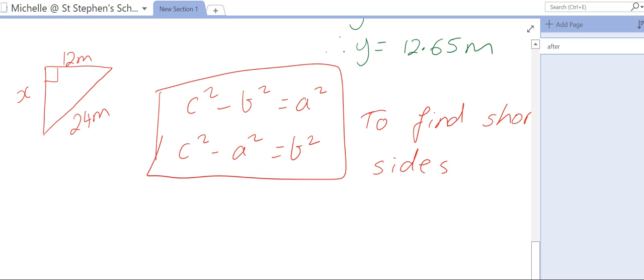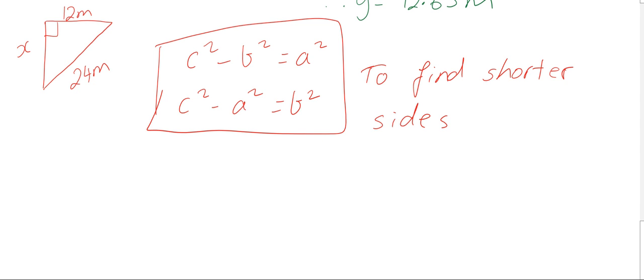So again, we follow the exact same steps. So we're labeling our sides. So number 1, that's still our hypotenuse, so that's C. A and B don't matter at all. So we've done that. Step 2, when we put it into our formula, we now need to make sure we're using the correct formula. So we know we're finding a shorter side, so we need to be using one of these. I'm actually trying to find A, so I would go with this. Again, A and B are interchangeable, so it doesn't matter.